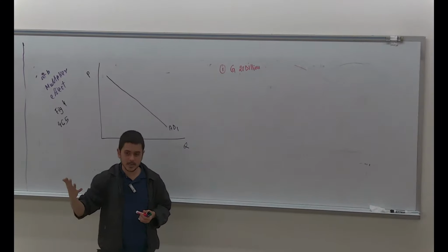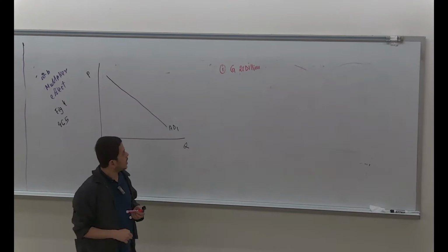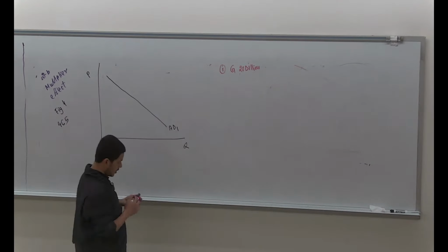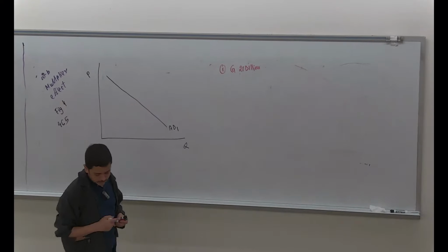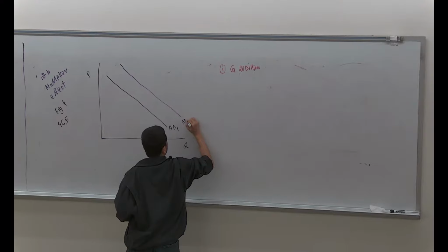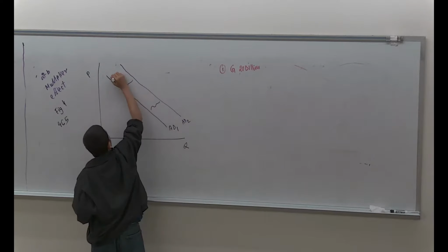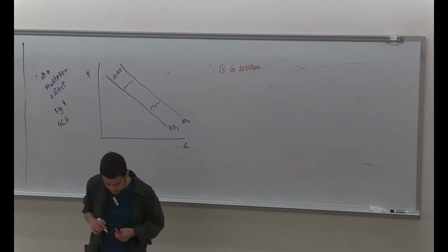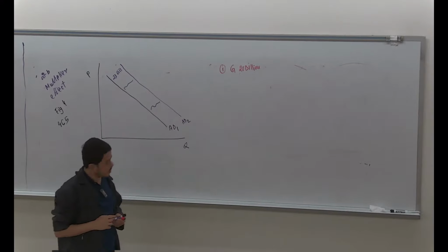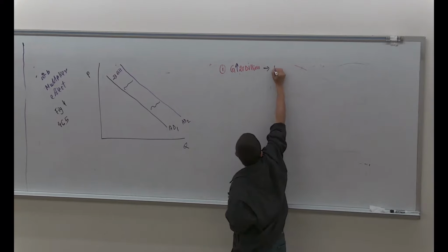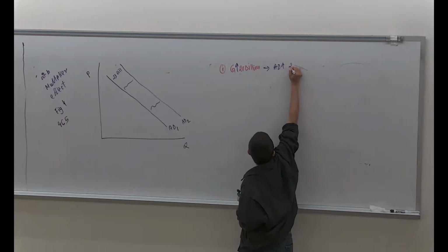So if the first thing happens, then we see that AD will shift to the right, AD2, by $20 billion. This is very clear, right? So government spent $20 billion, AD shifts by $20 billion. This we know.